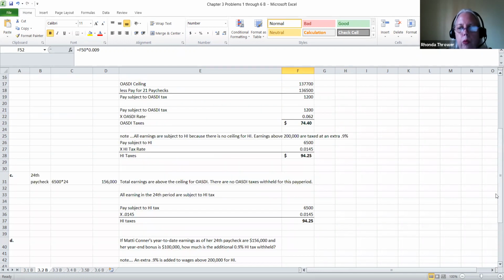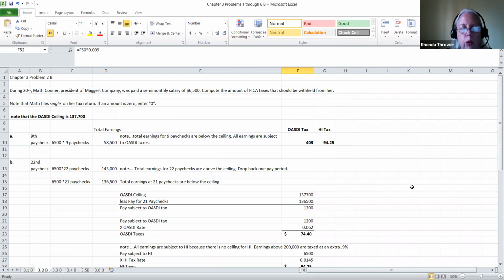So in this problem, they took calculating the OASDI, Social Security taxes, and the HI, Medicare taxes a step further by adding the ceiling in here. So part of the rules are that we don't pay OASDI on wages earned over 137,700.